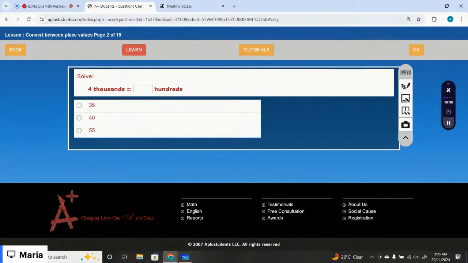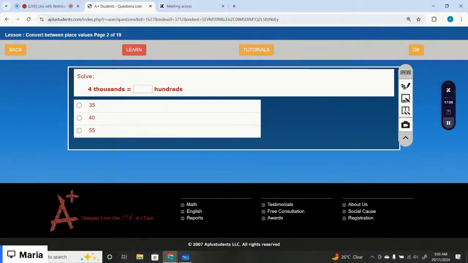4,000s equal how many hundreds? 4,000s equal 40 hundreds.